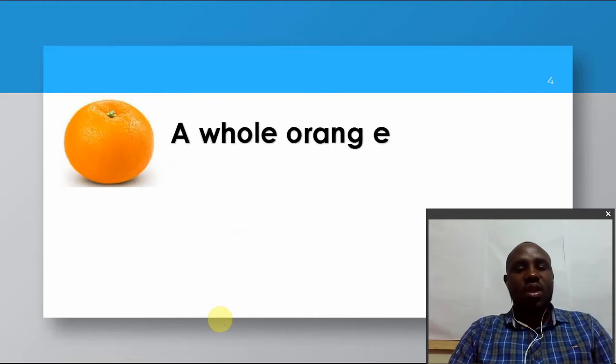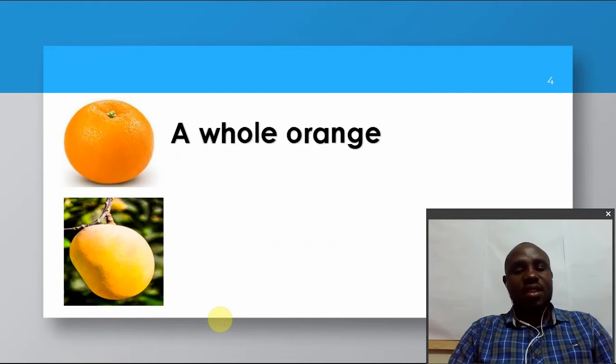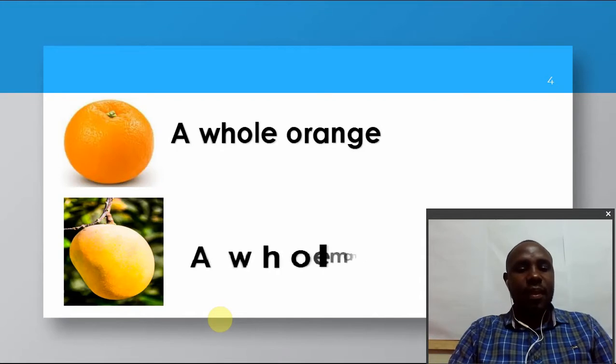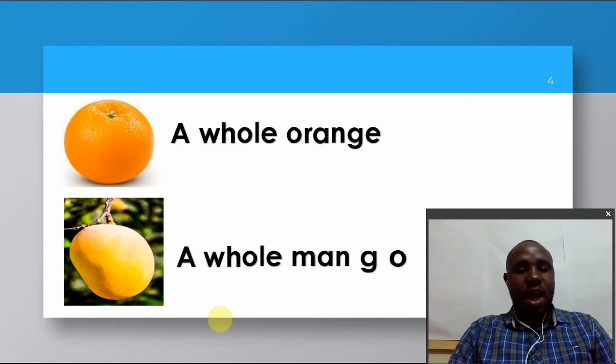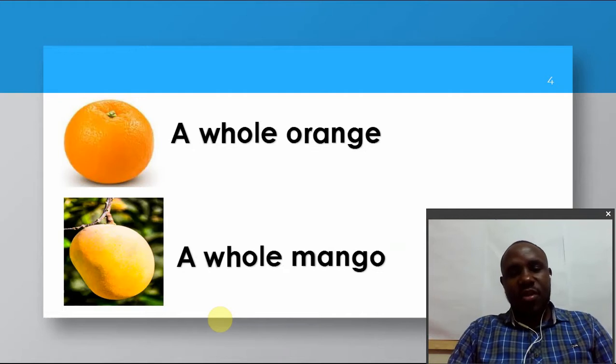Next, it is a mango. So this one is called a whole mango. Now we have looked at the wholes. We have a whole orange, a whole mango, a whole banana, a whole apple. You can even add a whole pineapple, a whole avocado, a whole sugar cane when it's not cut into parts.